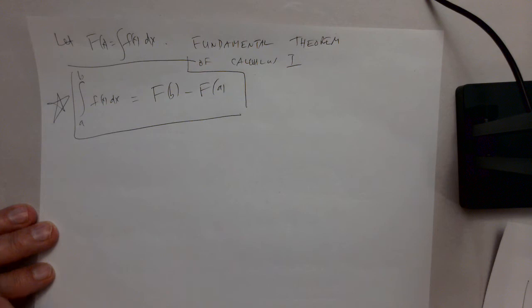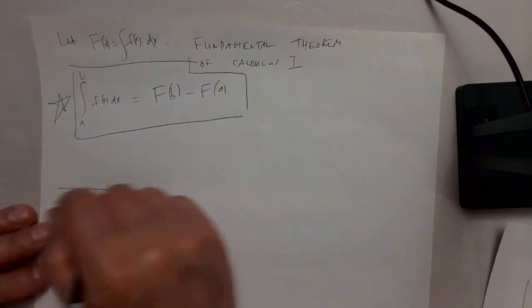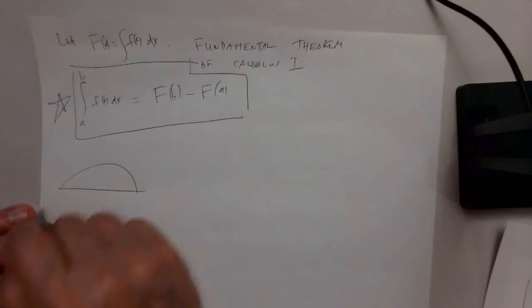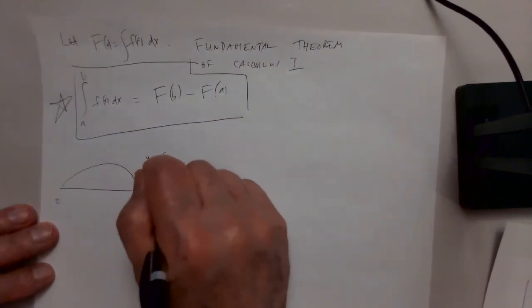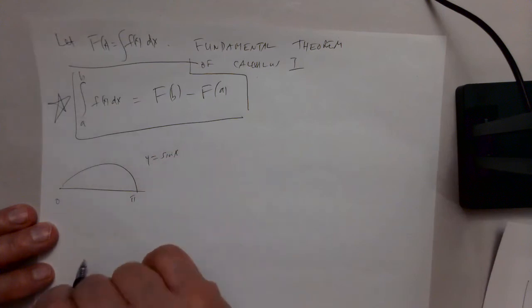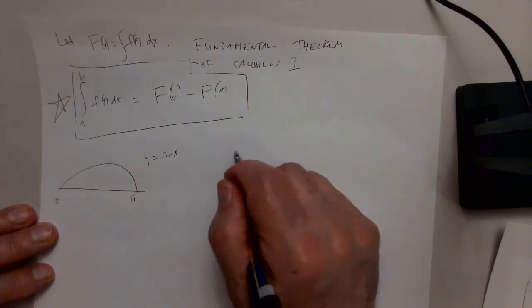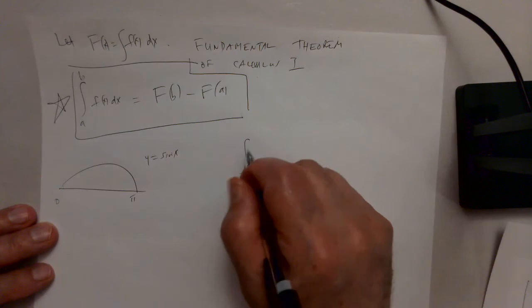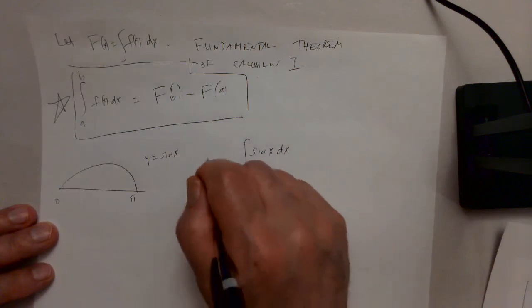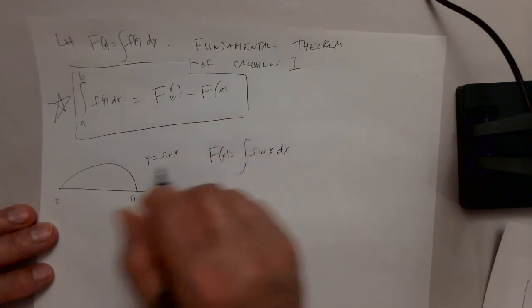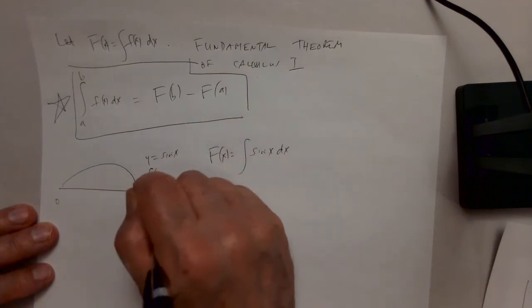So if we go back to the problem of finding the area under the function y equals sine of x from 0 to pi, we take the indefinite integral. What is the indefinite integral of the sine of x? Well, that capital F of x, right?